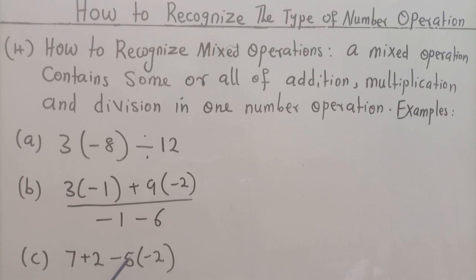This 5 is going to multiply this minus 2. Do not be tempted to start saying 2 minus 5. Please, this minus 5 has no link with this 7 and this 2 until it has become one number with this minus 2 here. Therefore, this alone is a multiplication, while these two are addition.